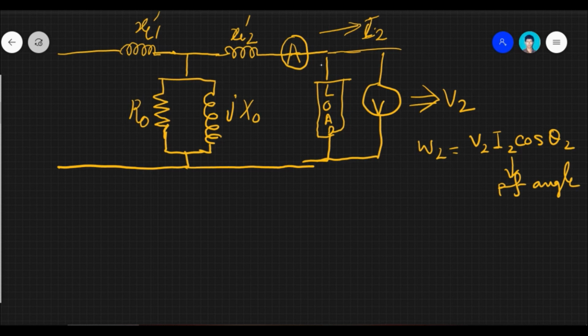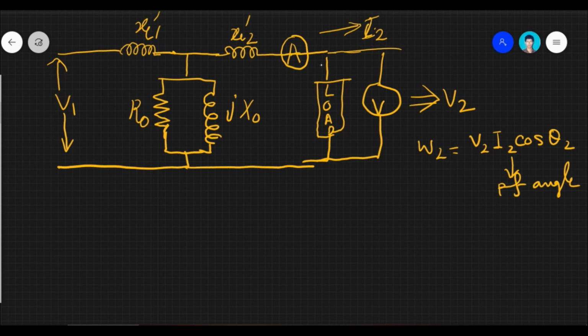Now here, in earlier cases we used to draw the phasor diagram from the primary side, but now we will try to draw it from the secondary side, because drawing it from the primary side will not be that easy.